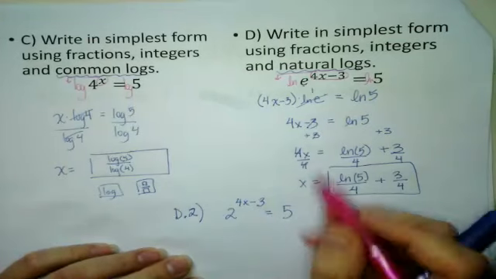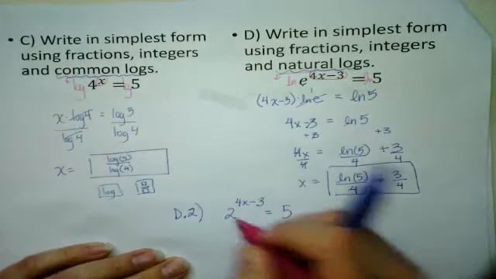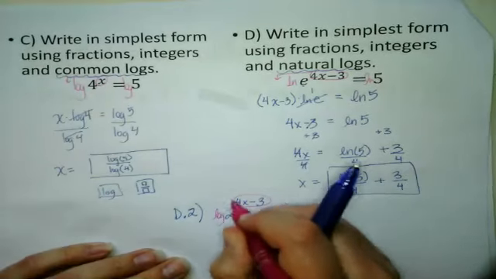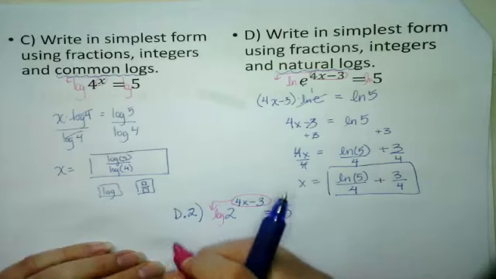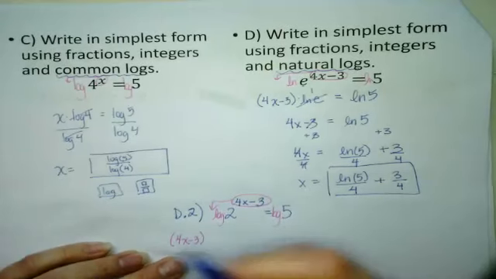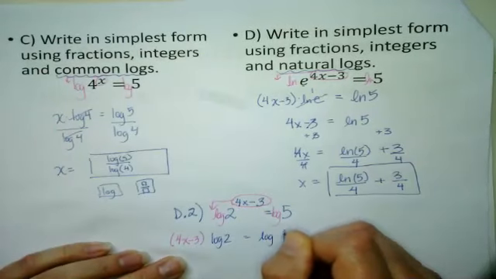So again, in this case, they're going to ask for common logs. So I'm going to take a common log of both sides, and that's going to allow my power to drop down in front. So my power, 4x minus 3, times the log of 2 equals the log of 5.